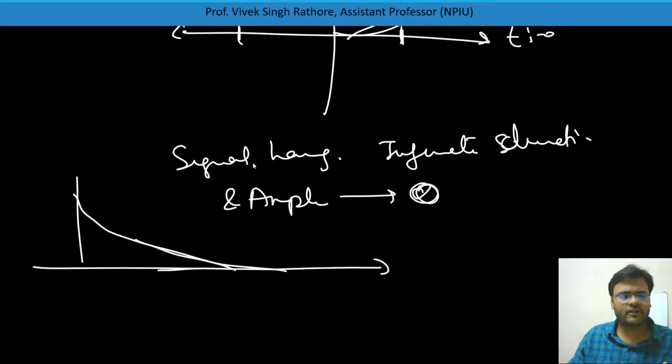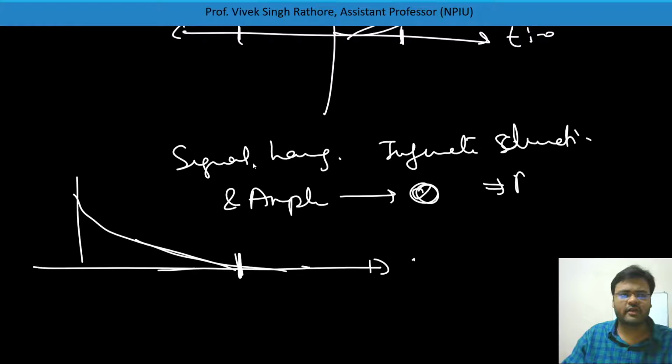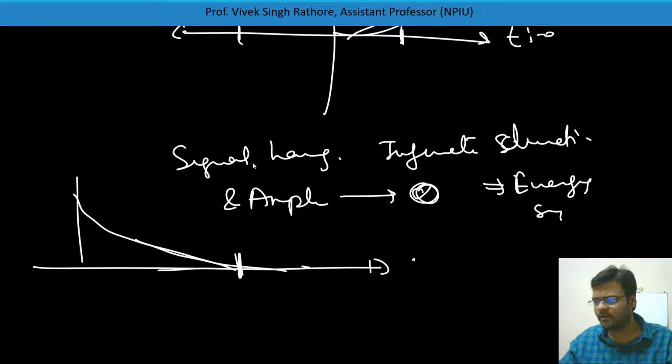For t equal to some value, it is going on, but ultimately for some value of t, it is tending to 0. So signals having infinite duration but amplitude tending to 0 are by default energy signals. Okay, simple concept.